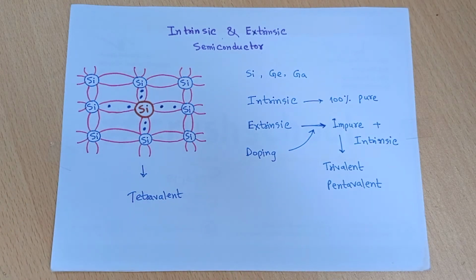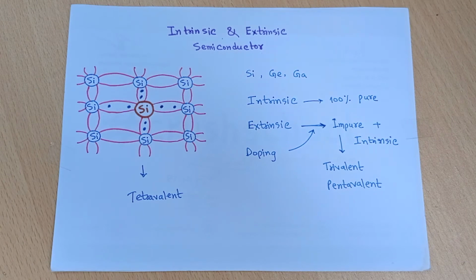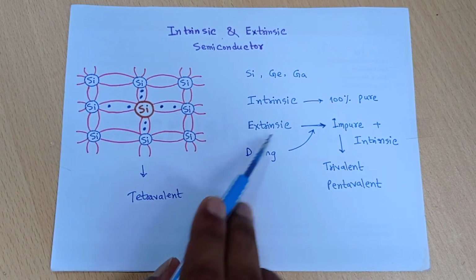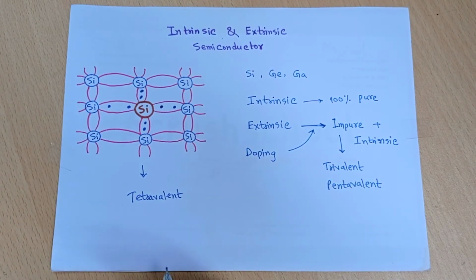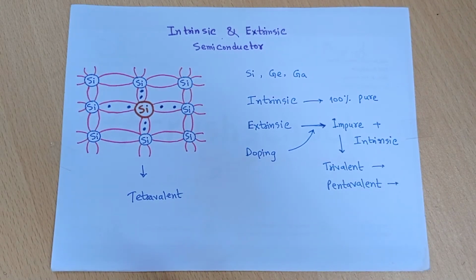So this is a very important point: if we want to get a good quality semiconductor, we have to do doping, and in this doping system we convert the intrinsic semiconductor into extrinsic semiconductor. Now there is an example of trivalent and pentavalent molecules which we can get.